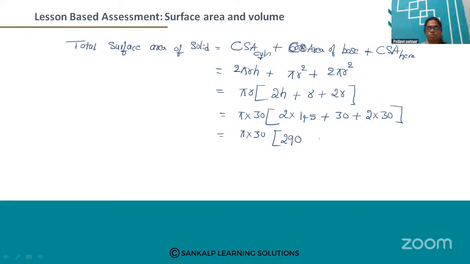Okay, so 290 plus 30 plus 2 into 30 is 60. So 60 plus 30 is 90, so 380 centimeter. So this is equal to pi into 30 into 380.